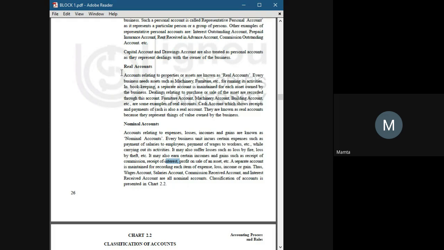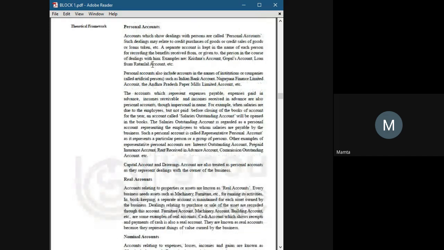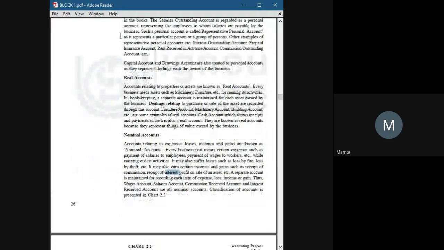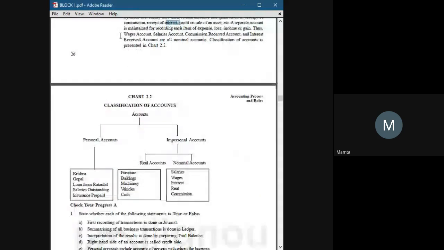All the assets are related to real account, and all the owner's things, like the owner's account or anyone else's account, if a person's name is related to it, then it is known as a personal account. Is it clear now? Yes, clear, madam.